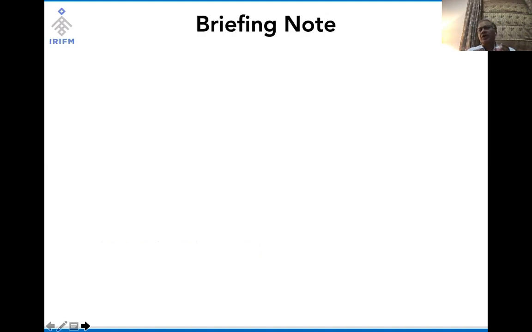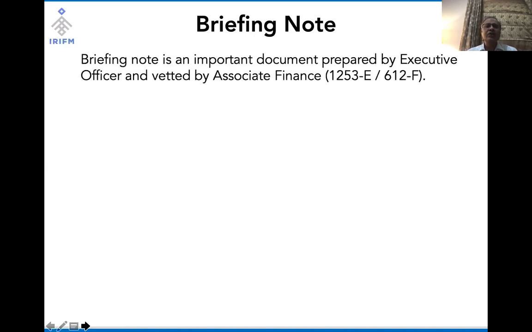Now, we looked at two terms right now. One was comparative statement, the other was late and delayed tender, and the third important document which is prepared after the opening of tender is the briefing note. And briefing note is nothing but a note which is prepared for the briefing of the tender committee.